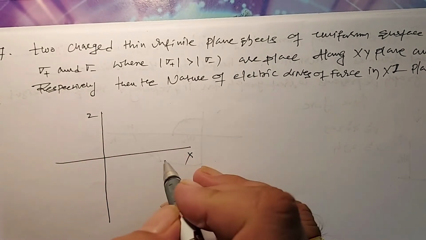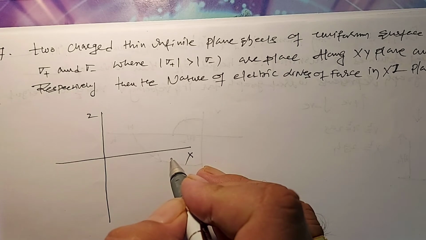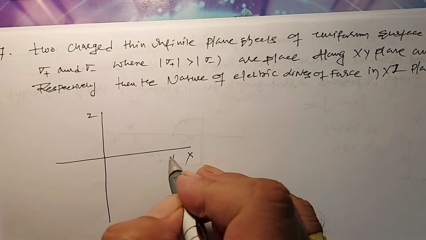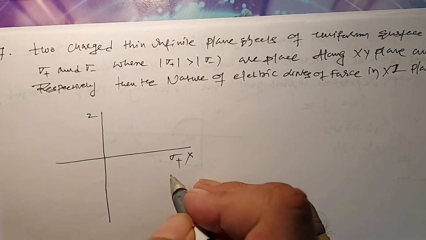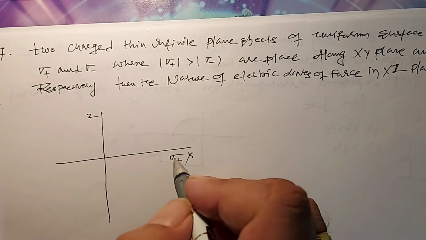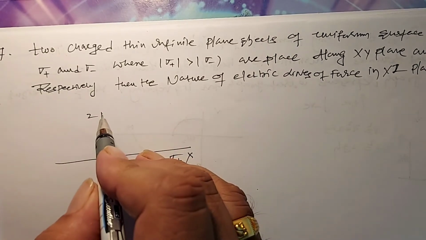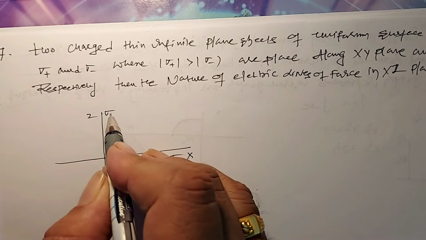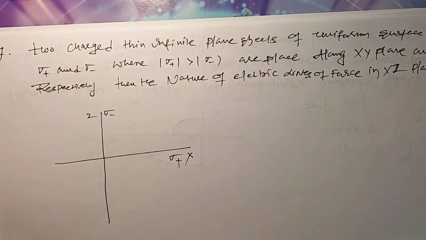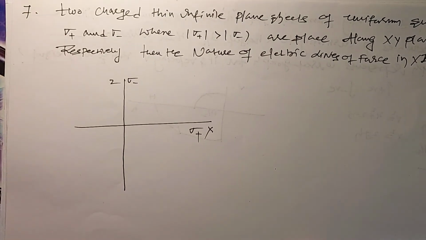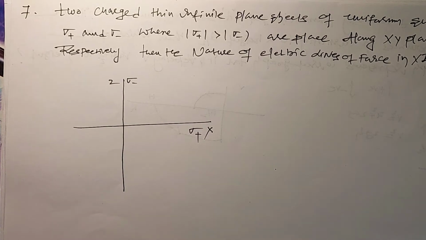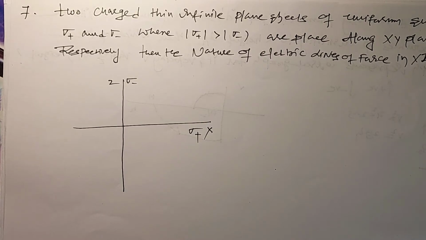This is the sigma plus positive charge density plate. This is the negative charge density plate. Now they gave four options, and we want to find out which option is correct.